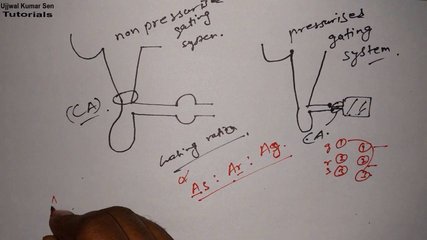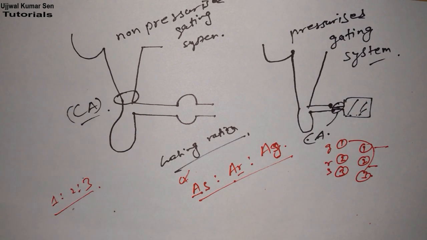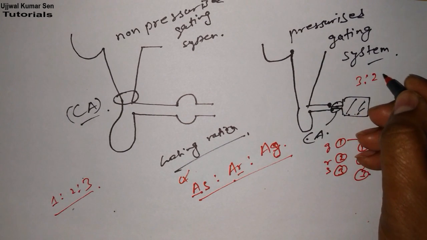For example, 1:2:3 is an example of a non-pressurized gating system, right? Now if you are talking about a pressurized gating system, then what should be the example? That is 3:2:1.